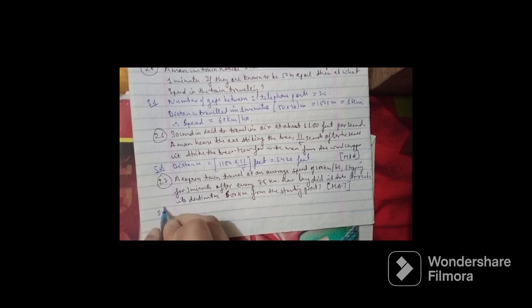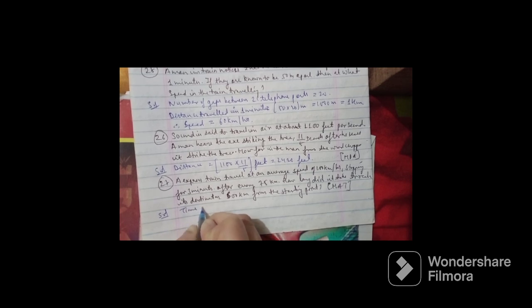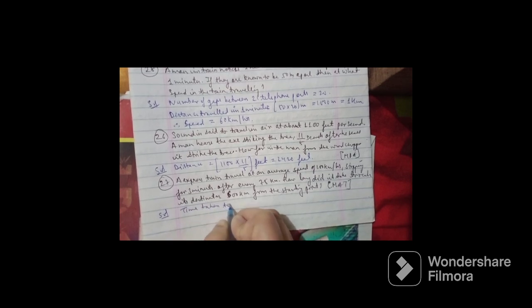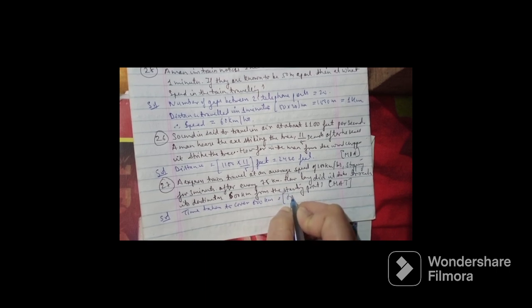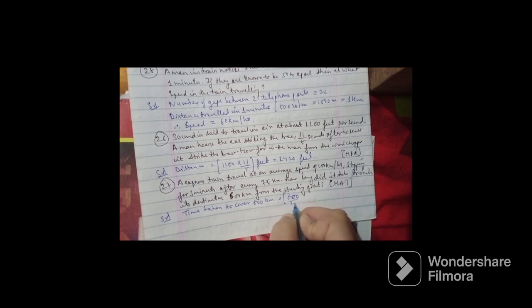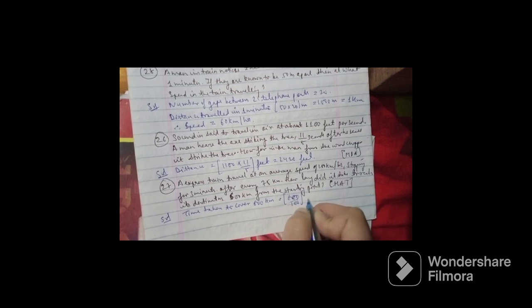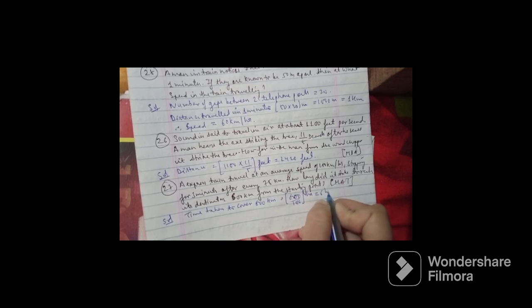So let's find out the solution here. Time taken to cover 600 km equals 600 upon 100 hours, which is equal to 6 hours.